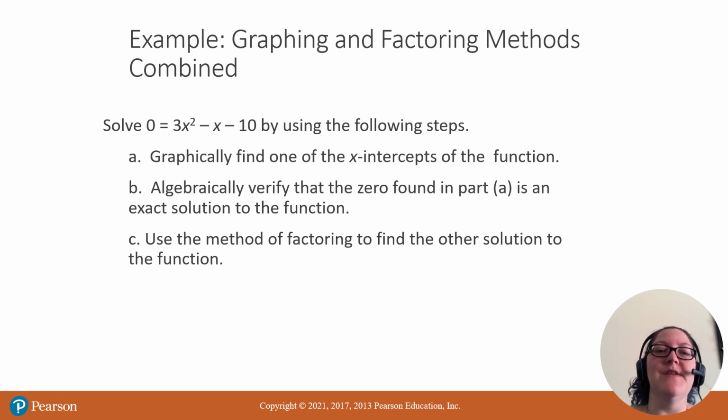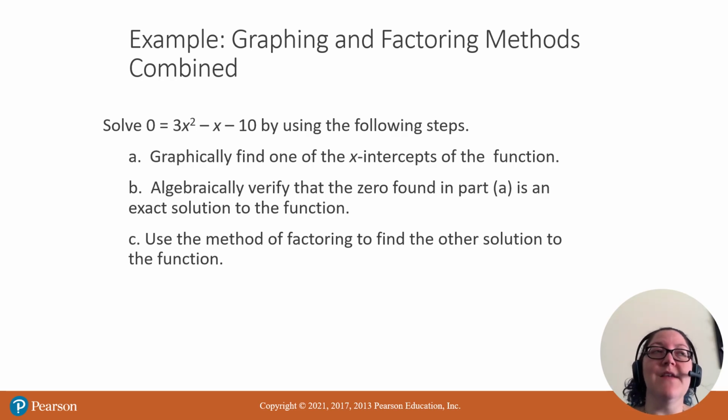So we're going to solve 0 equals 3x squared minus x minus 10 using the following steps. The first thing we're going to do is go find one of the x-intercepts of the function. Now, in order to find the x-intercept of the function, we learned back in previous sections that any x-intercept is when that function equals 0, and then you solve for x.